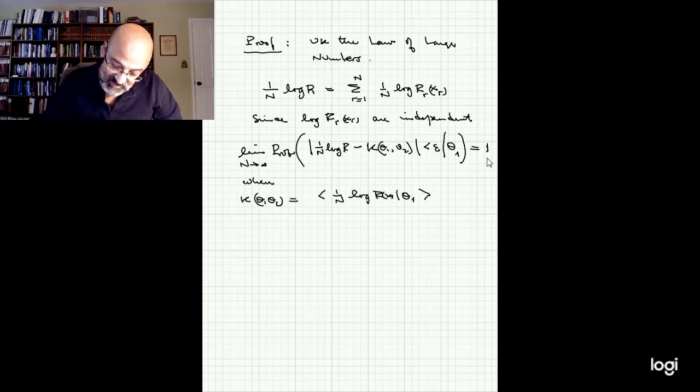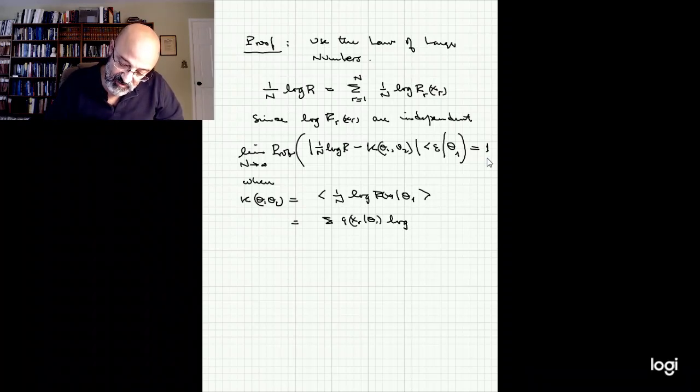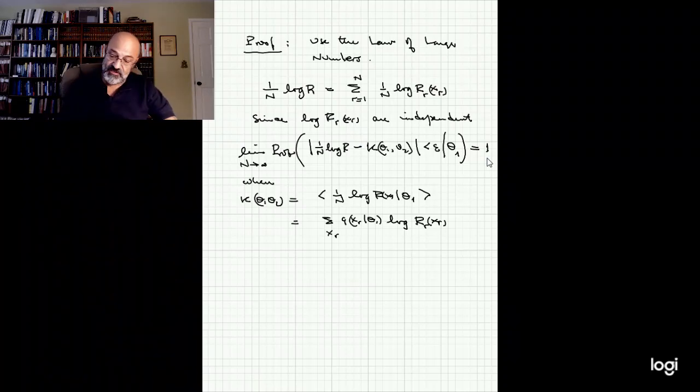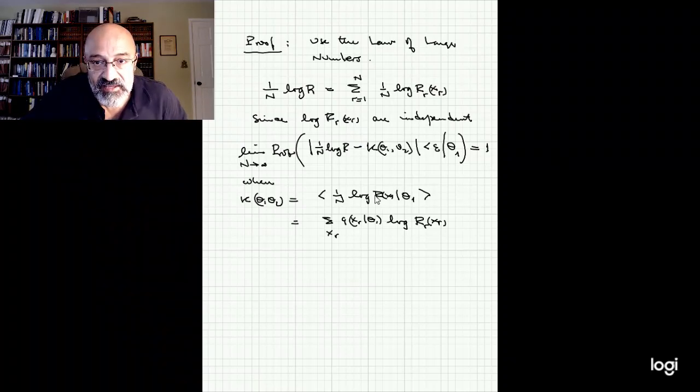And what this is, is the average of q x r given theta 1 times the log of R x r. Let me write it out. And here I'm summing over all the x r's. Now, this guy here is a sum.